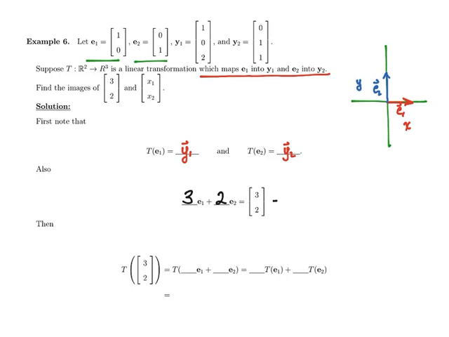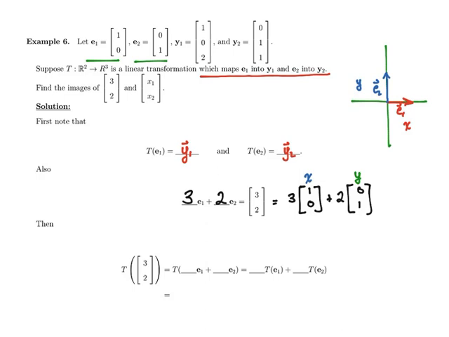This is 3 times 1, 0 plus 2 times 0, 1. The E1 vector corresponds to the x coordinate, and the E2 vector corresponds to the y coordinate, or the x1 and the x2 coordinate. You can always break down any vector like that into the axes vectors, or the standard basis vectors, these E_i's.